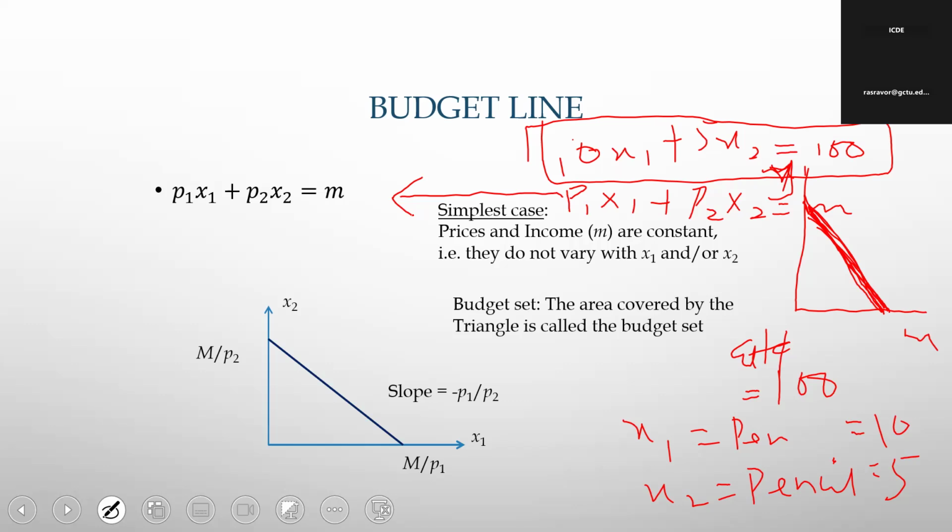So look at this carefully, ladies and gentlemen. I know the notes you have read: price and income, M, are constant. They do not vary with X and Y. The budget set, the area covered by the triangle, is called the budget set. I know you are reading, so I'm not going to read it out, I want you to understand it. So I can ask you to make X1 the subject and then X2 the subject.